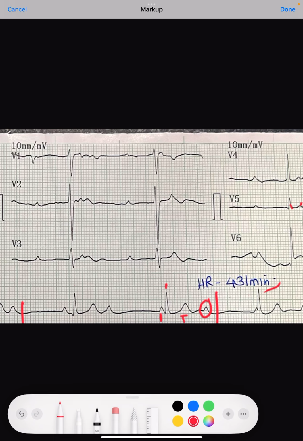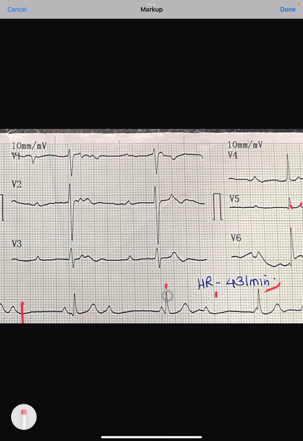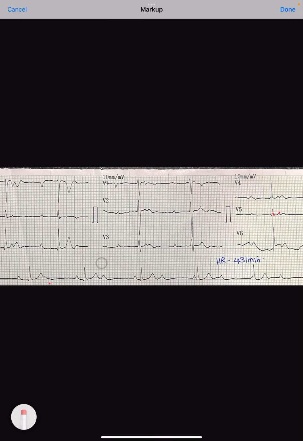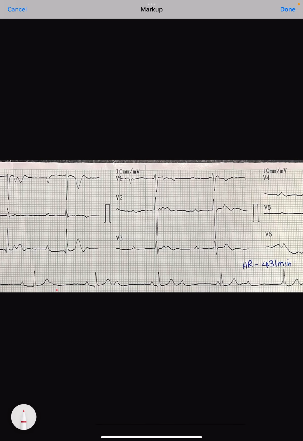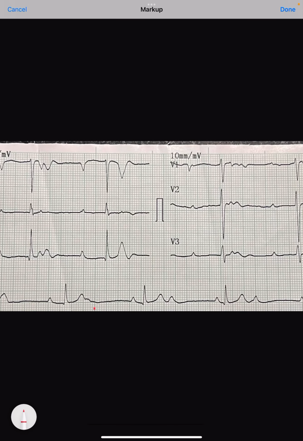What is Mobitz 2? In Mobitz 2, the PR interval is constant, but it is still followed by a drop in QRS. So is the PR constant or not in this scenario? We can simply see the PR: this is P and this is R, and there are around 7 small boxes in between.